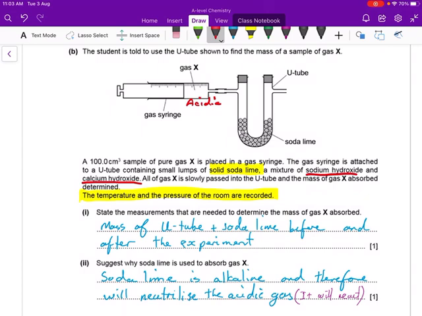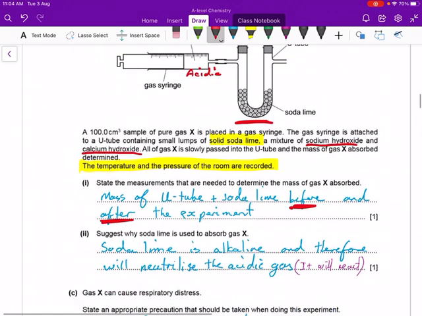State the measurements needed to determine the mass of gas absorbed. It's important to state we must measure the mass of this U-tube with the soda lime before, as well as the mass of that U-tube and soda lime after, because only by subtracting those two will we get the mass of gas that was absorbed.